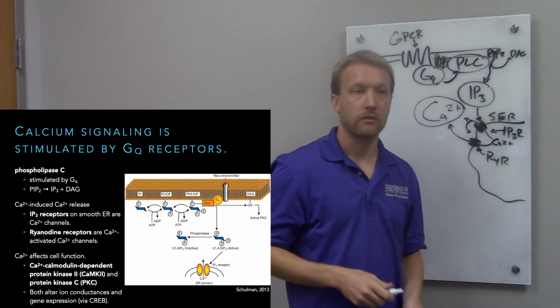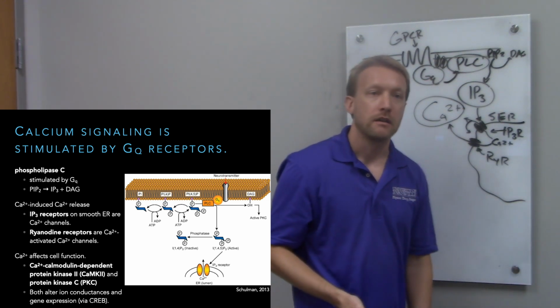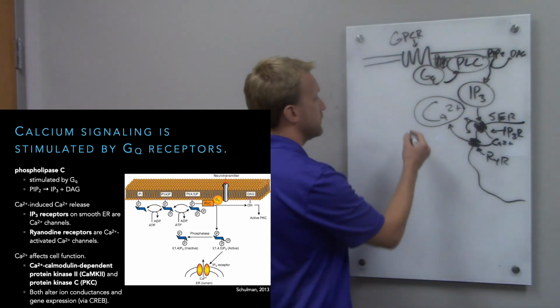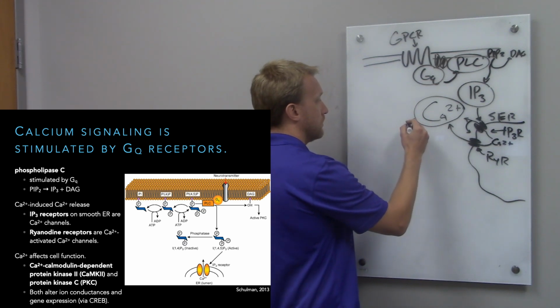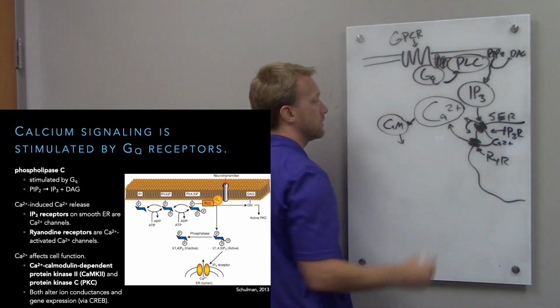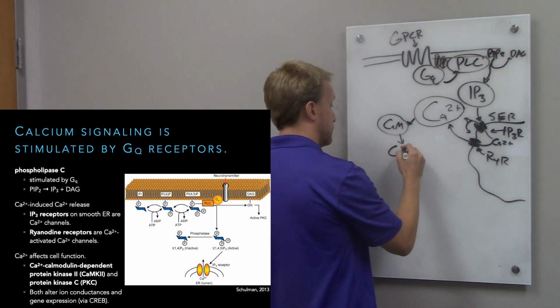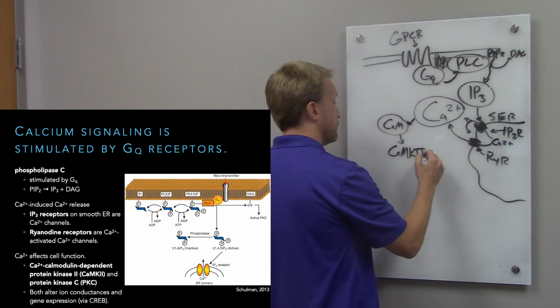Well, all, right? What does calcium do? It depends, okay? But it's going to activate this protein called calmodulin. And then calmodulin turns on a kinase, CaM kinase 2.